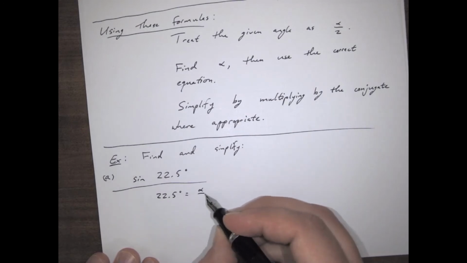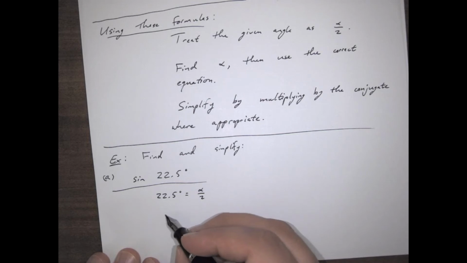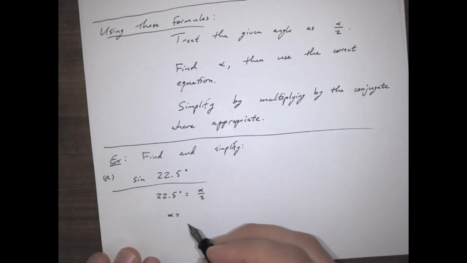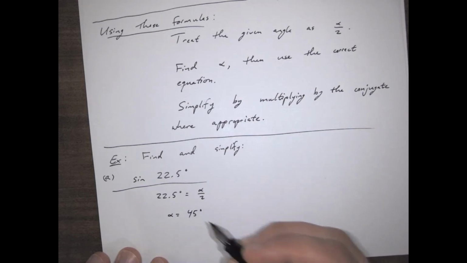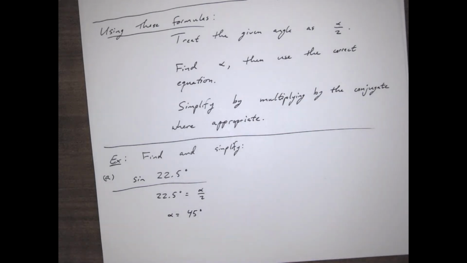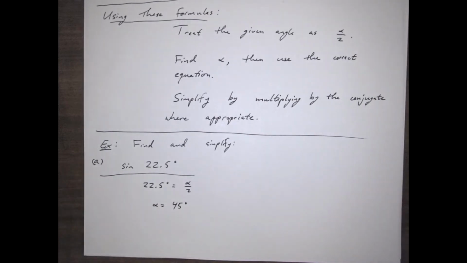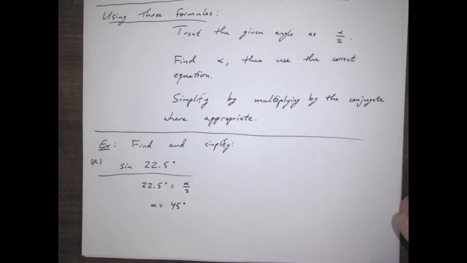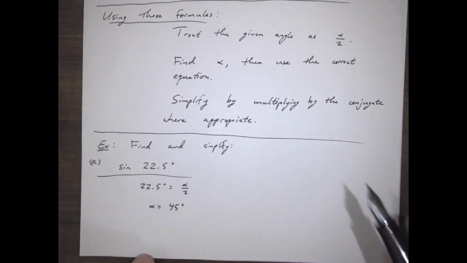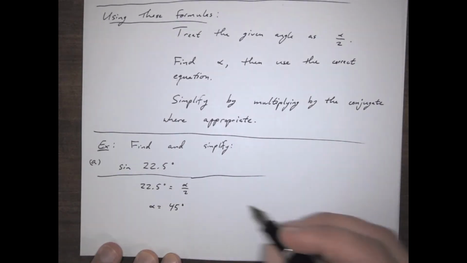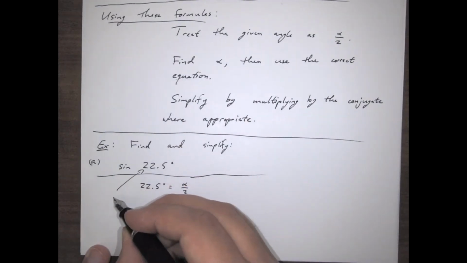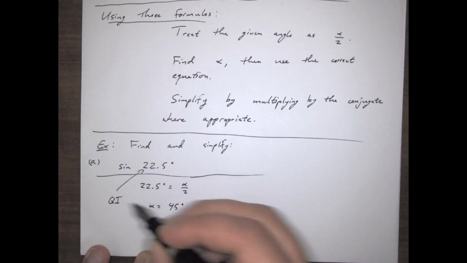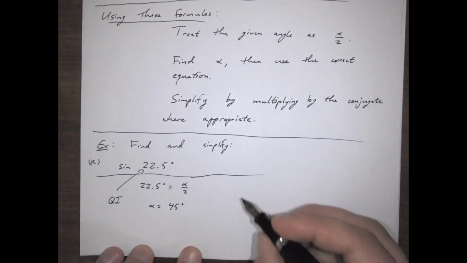So this is going to be our alpha over 2, which means then that alpha, we would multiply both sides by 2, and we'd get alpha equals 45 degrees. Nice. 45 degrees. That's a well-known angle to us. So then, how do we proceed from here? We just have to think about what the formula is for sine. Also, this angle is in quadrant 1, which means that the answer is going to be positive.